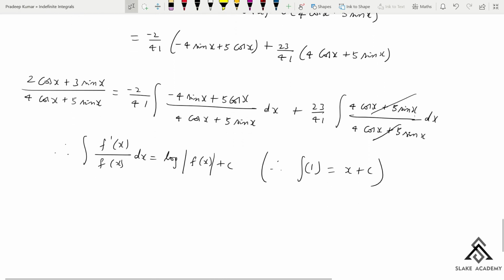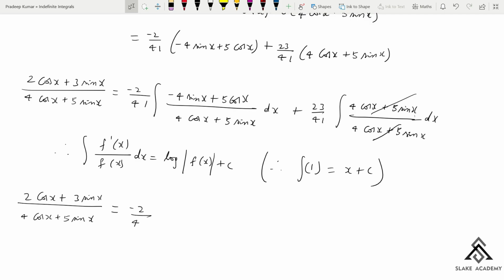I can write 2 cos x plus 3 sin x by 4 cos x plus 5 sin x is equal to minus 2 by 41 integration, applying this formula we get log f of x, which is nothing but this denominator, 4 cos x plus 5 sin x.